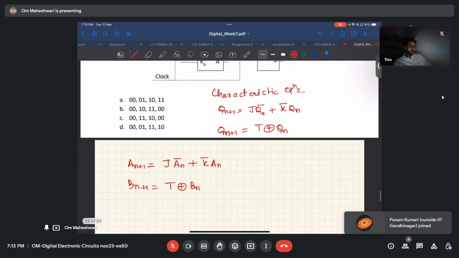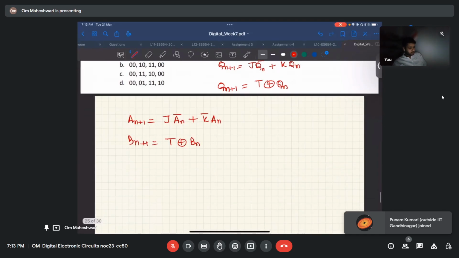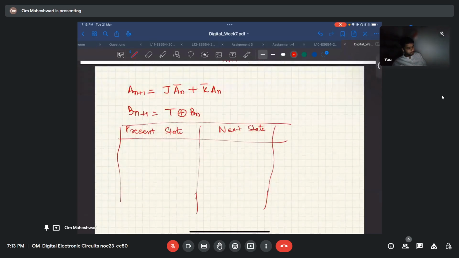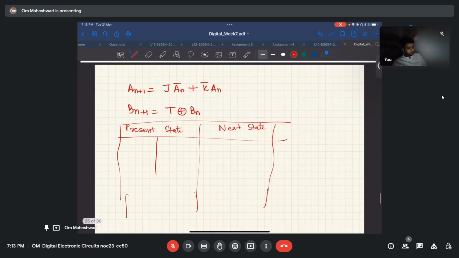Okay, so now let's see the present state and next state: An, Bn, An plus 1, Bn plus 1.